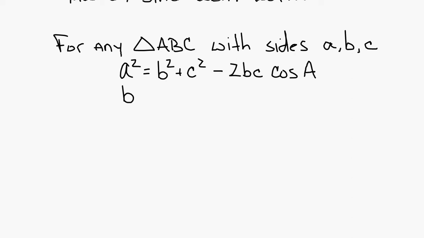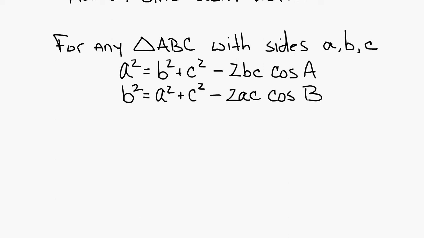B squared is going to be equal to a squared plus c squared minus 2 times A times C, times the cosine of B. You see the pattern?